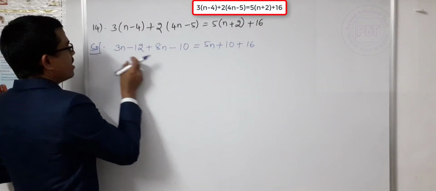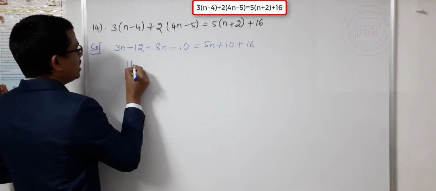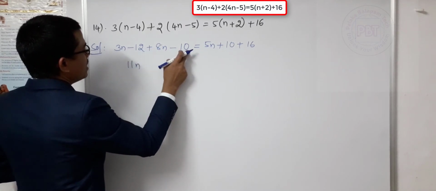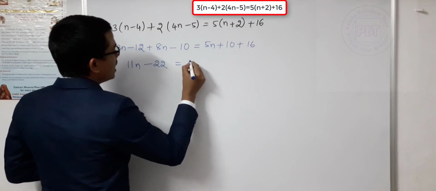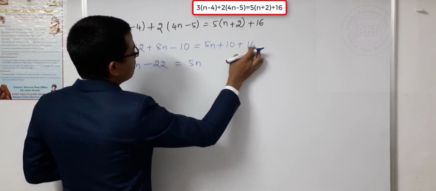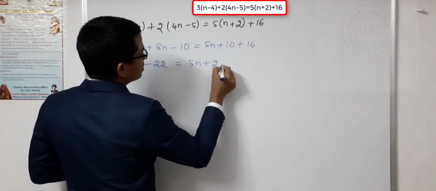Okay. Plus 3n plus 8n is plus 11n, minus 12 minus 10 is minus 22. That equal to 5n, plus 10 plus 16 is plus 26.